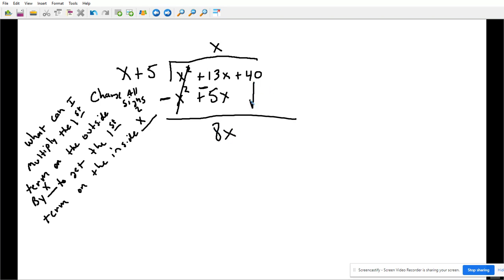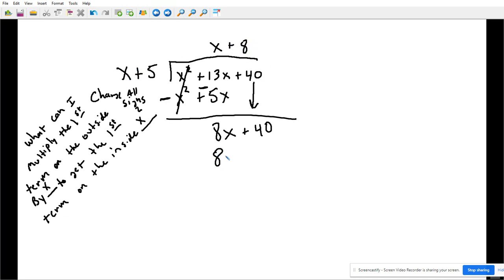I'm going to drop the next term. Okay, I do the whole thing over again. I ask myself, what can I multiply by x so that it equals the first term on the inside? So this canceled. I'm now looking at this term. What can I multiply by x so that it equals 8x? And that would be an 8. Okay, so I multiply 8 times x.